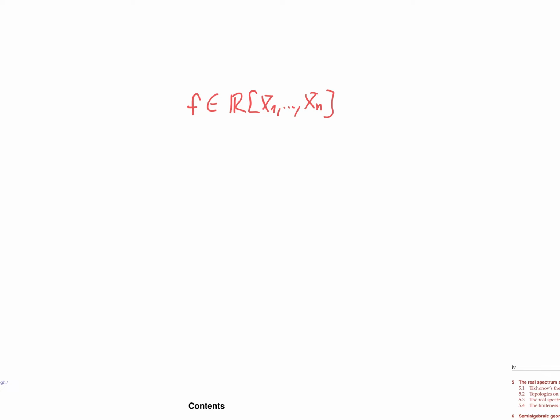If you know that f is non-negative on the whole of R^n, that means in every point of R^n this polynomial takes a non-negative value, then we will see that f is not necessarily a sum of squares of polynomials. If it were, this would be a very nice certificate for f being non-negative, right? Because sums of squares of polynomials are always globally non-negative, because sums of squares of real numbers are non-negative.